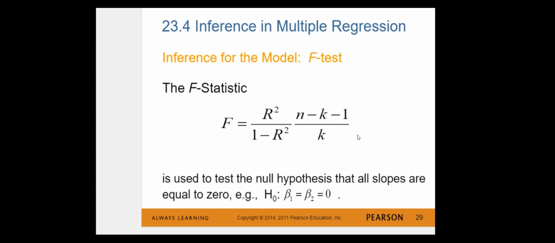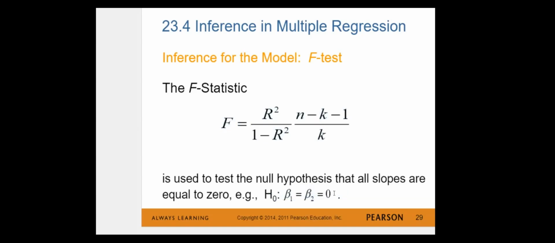And that's how you calculate F. This is used to test the null hypothesis that beta 1 and beta 2, in this case because you have two explanatory variables, or all k of them if you have k explanatory variables, are equal to 0.